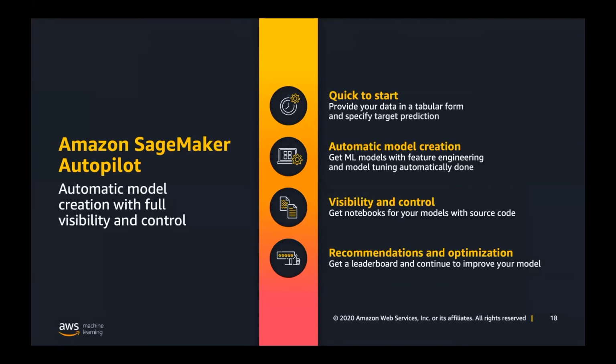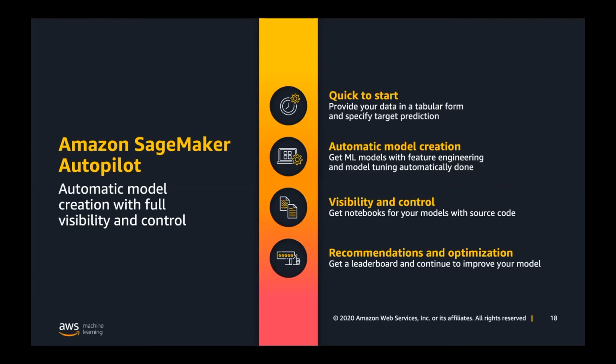For example, you bring a data set for customer churn, and you say this is the column that I want to predict, whether the customer will churn or not. And SageMaker Autopilot automatically explores machine learning solutions with different combinations of data preprocessors, algorithms, and different parameters of those algorithms, and finds the best model for you.